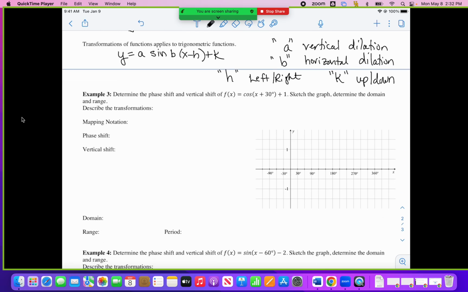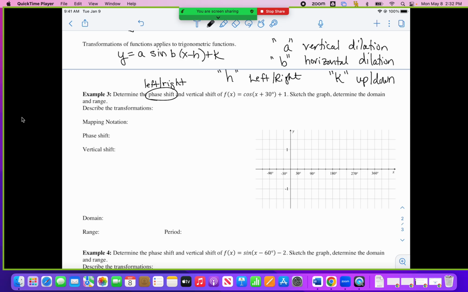So here we go. In example 3, it says determine the phase shift. Oh, I have to introduce a new word. A phase shift. Phase shift is another word for the left-right. In trigonometry, they use that because I think it's based in physics. Is there something like a phase in physics?